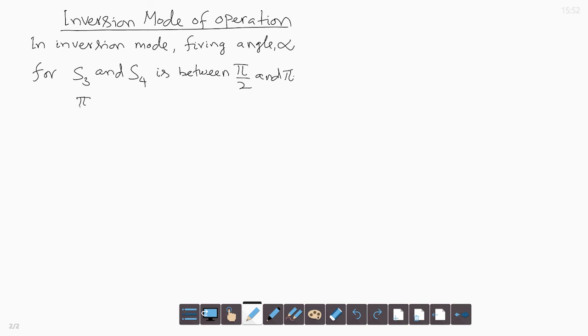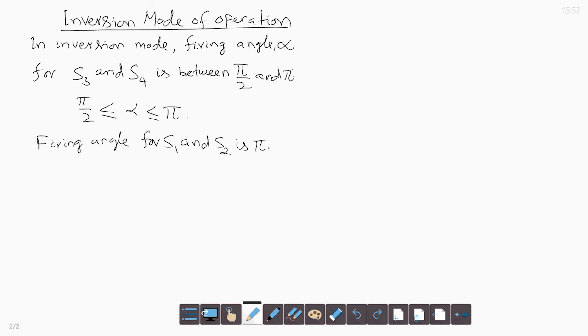Pi by 2 is less than or equal to alpha is less than or equal to pi. Firing angle for S1 and S2 is pi.